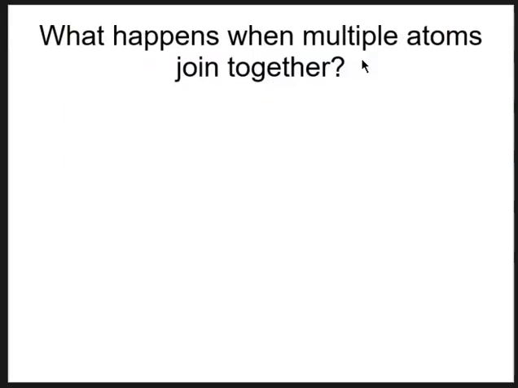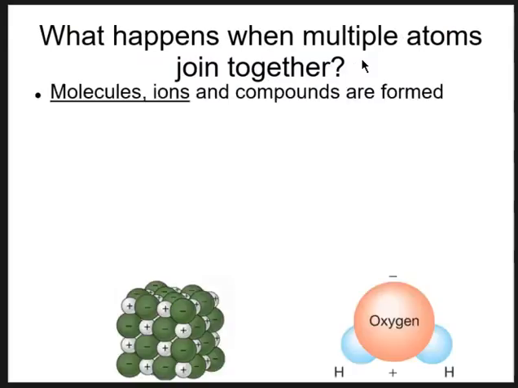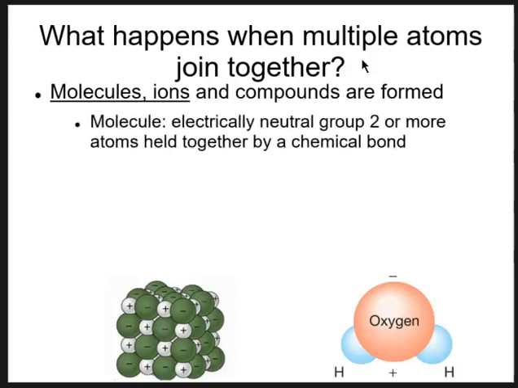Okay, so I sort of mentioned this already, but what happens when multiple atoms join together? We have bonds that are created. We have molecules, ions, and compounds that are formed when you have multiple atoms that are bonded together. A molecule is electrically neutral, a group of two or more atoms held together by a chemical bond.